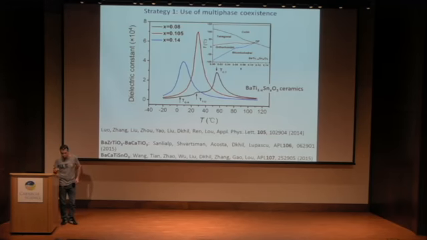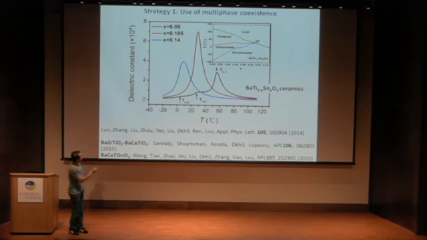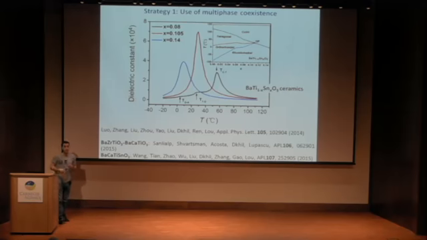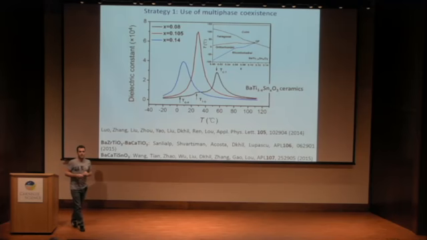So let me start with the first strategy that we use. This is just some chemistry basically. So this is a phase diagram, temperature, composition for this solid solution. And you see that this composition here is close to room temperature. And here you have a kind of competition between the cubic, tetragonal, orthorhombic, and rhombohedral phase, meaning that this composition at room temperature might be very interesting for caloric effect.